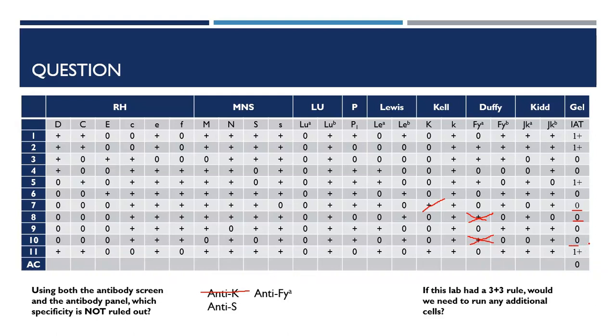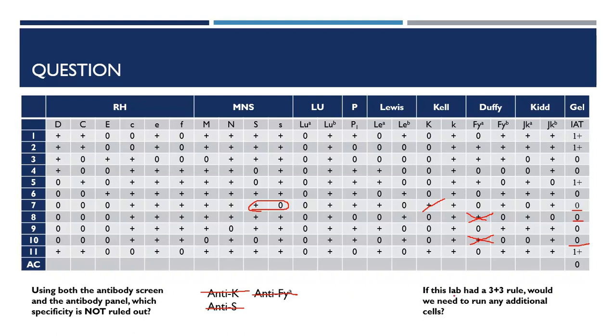And anti-big S, did we rule that one out? That one we got down to the wire, but we did have, I thought, a specificity. Yep, here we go. Anti-big S is present in homozygous expression there, and the cell number 7 was negatively reacting. So we got rid of all 3 specificities.